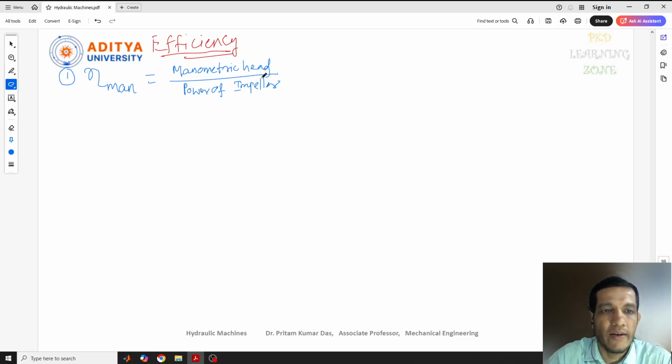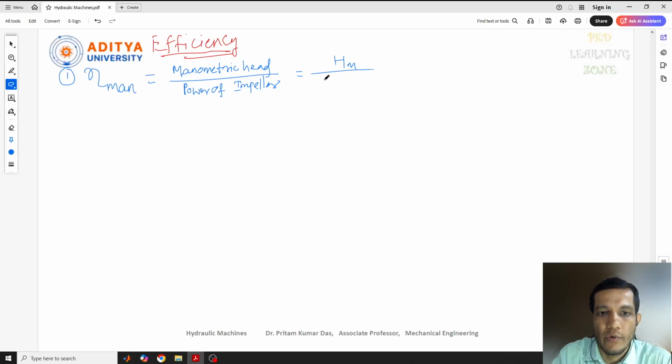So what can we write as the formula? Manometric efficiency: this is the manometric head, Hm, as simple as that. And the head imparted by the impeller to water is the work done, or the power at the impeller.